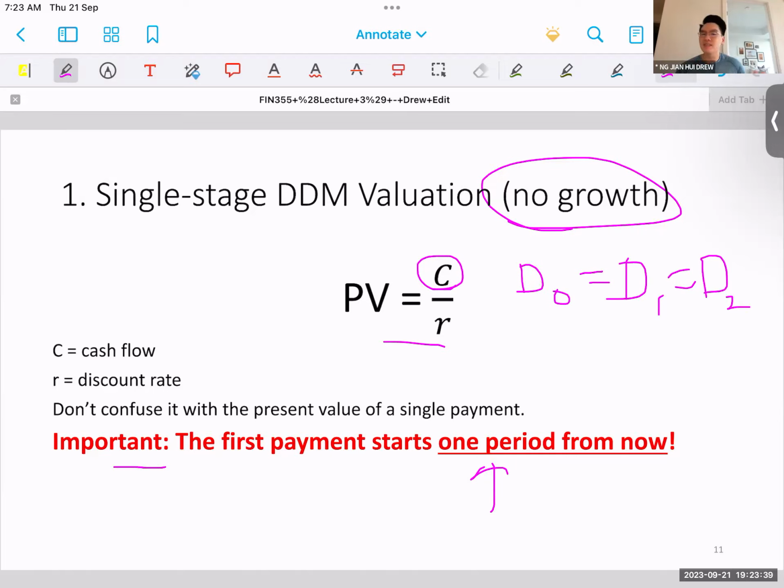So in this sense, it's not very important whether it's one period from today, but I just want to highlight that this is the standard formulation of a perpetuity. But as you know, in a growing perpetuity, this makes more sense because whether it's D0 or D1, the values are different.